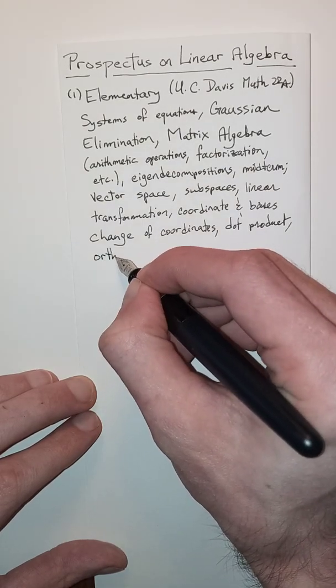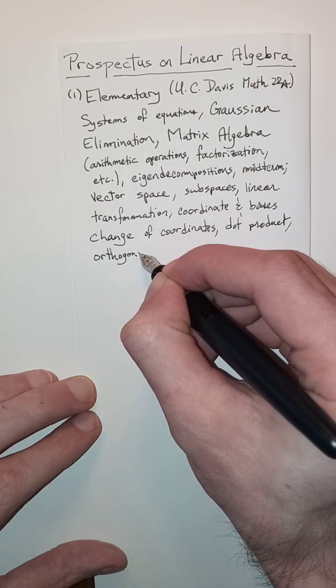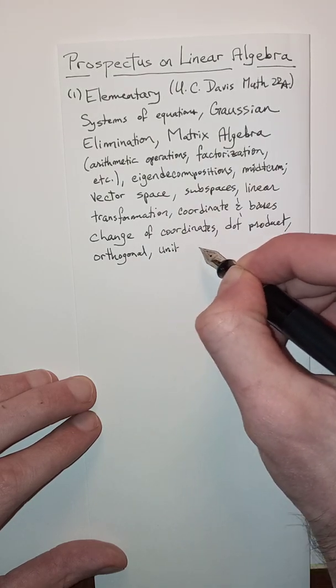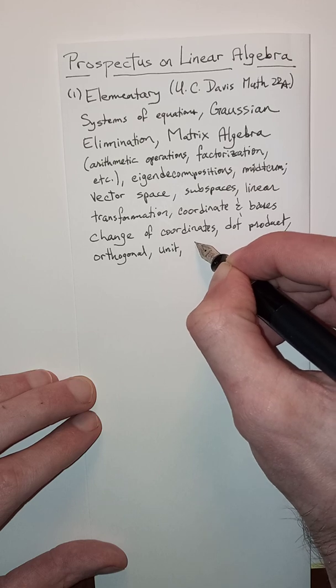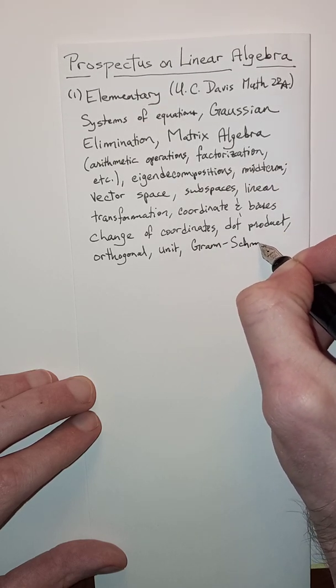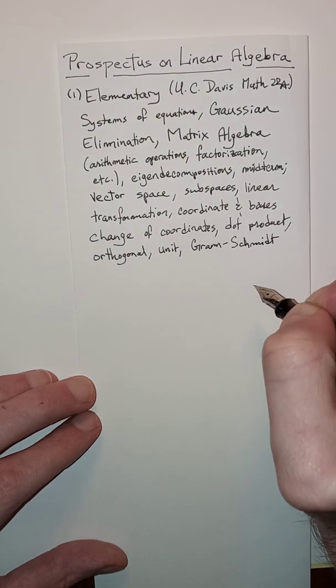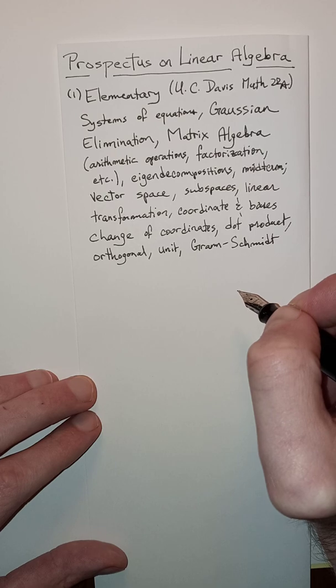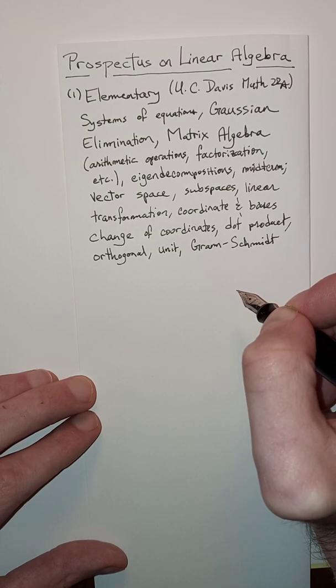But this gives us a notion of orthogonal vectors, unit vectors of length 1, and then the crowning achievement, the Gram-Schmidt process, which lets us take a collection of linearly independent vectors and produce an orthonormal basis.